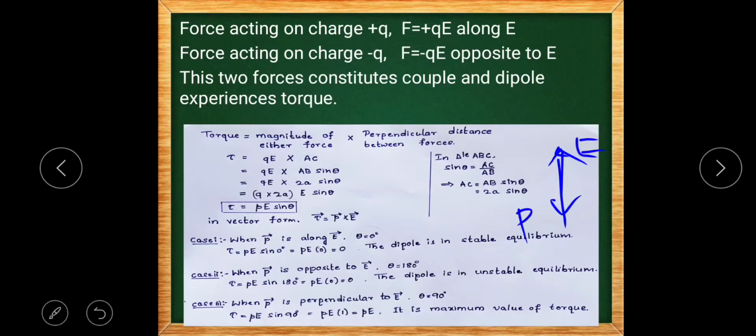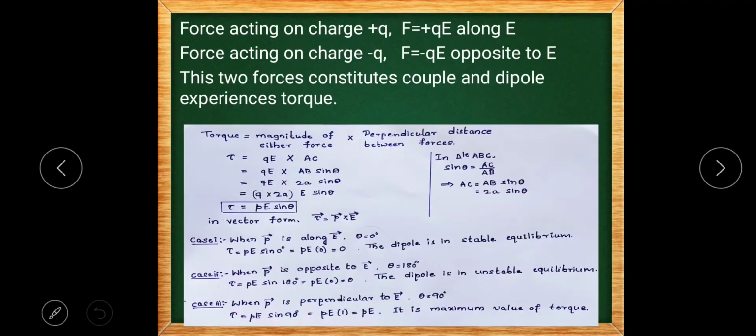Then the angle between the electric field and dipole moment is equal to 180 degree. Now tau equal to PE sin 180 degree. Again sin 180 degree equal to 0. So PE into 0 equal to 0. Now the dipole is said to be in unstable equilibrium.